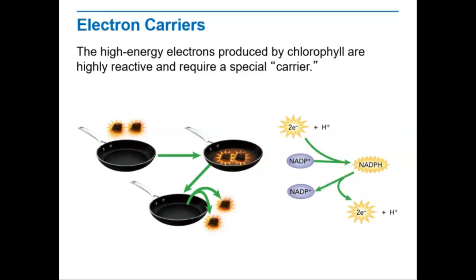So if you think of the high energy electron as being similar to a hot coal, you would use a pan to carry a hot coal. So NADP+ carries pairs of electrons and that hydrogen ion from place to place. Plant cells treat high energy electrons much in the same way. Instead of a pan, they use NADPH, or high energy electron carriers, to carry electrons from chlorophyll to other molecules.